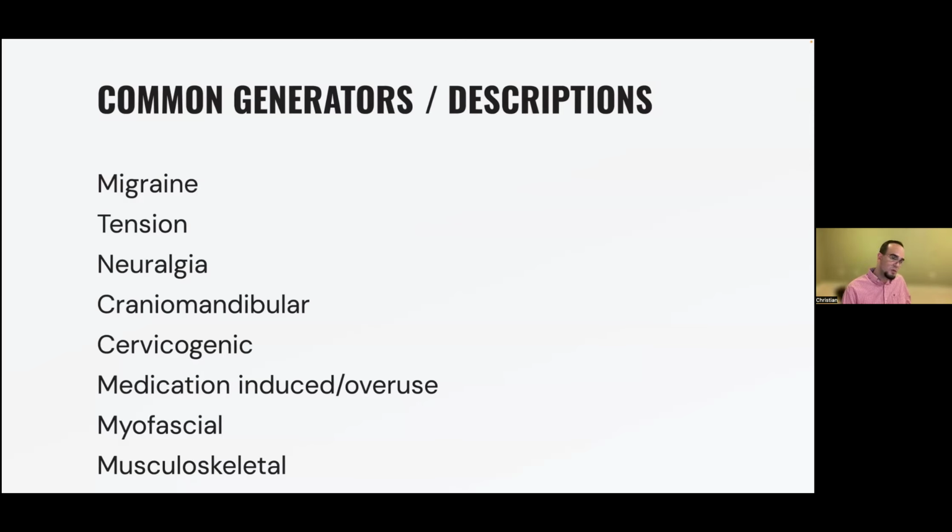Or we could also get more tension-related headaches, like a band going around the head. Neuralgic pain is more in the distribution of nerves. Usually what we see is greater or lesser occipital neuralgias, but depending on the mechanism of injury, we may see supraorbital nerve injuries.